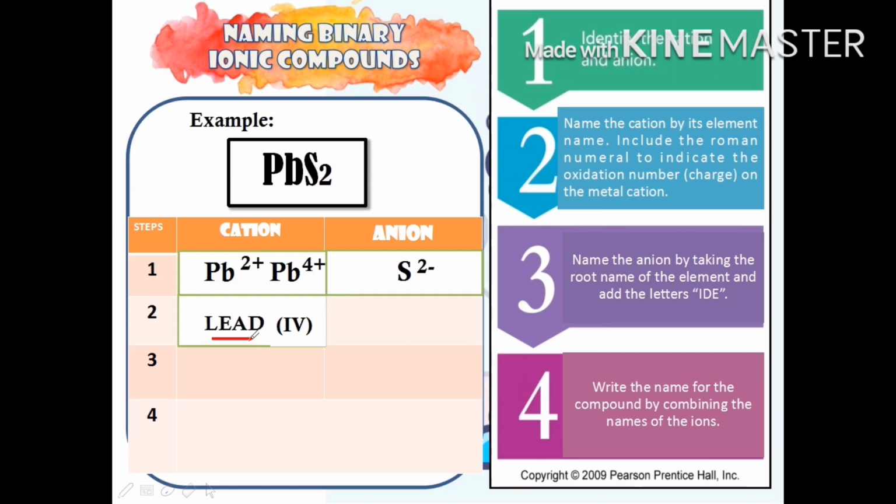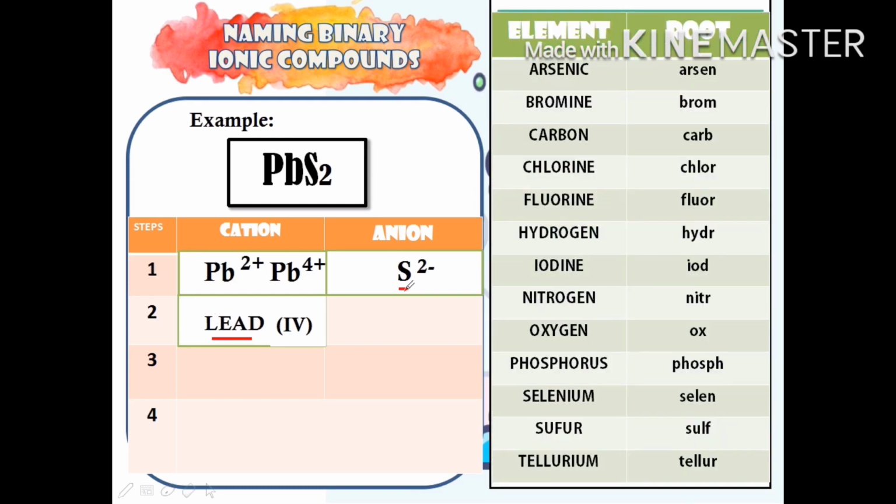We have to name the anion by taking the root name of the element and add the letters IDE. Our anion is S, and S is a chemical symbol of what element? Right, it's a chemical symbol of the element sulfur. And let's look for the root of sulfur. Here is sulfur, and the root of sulfur is SULF.